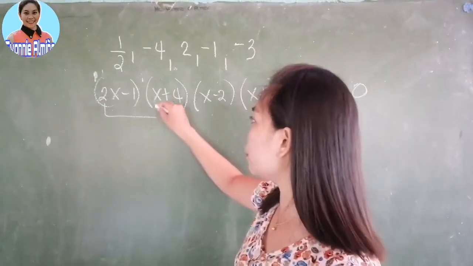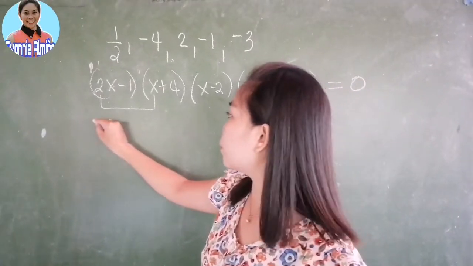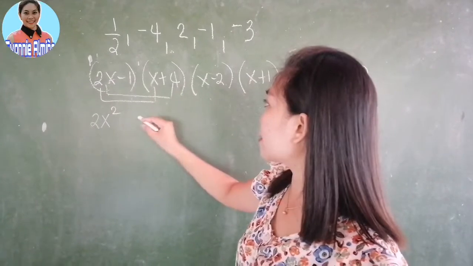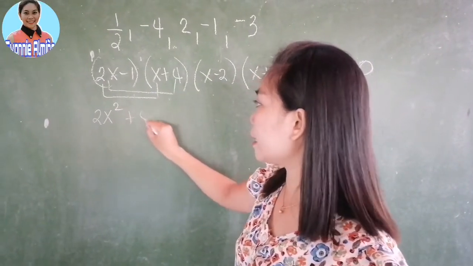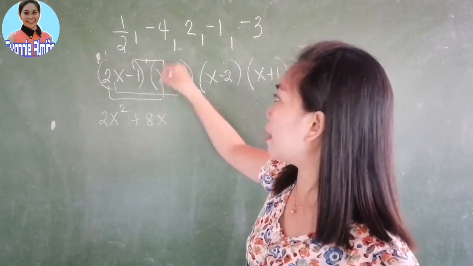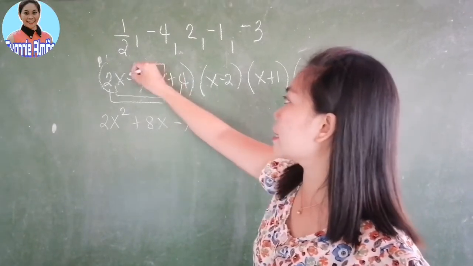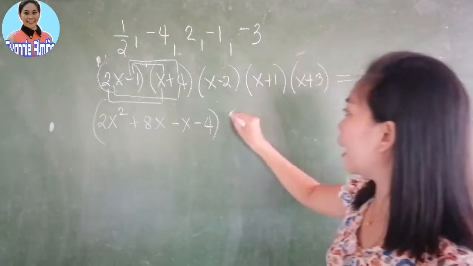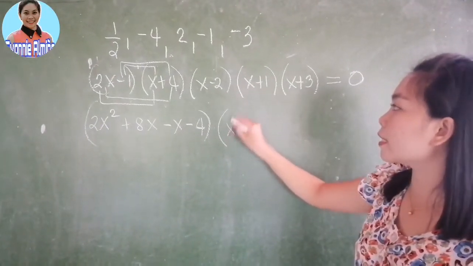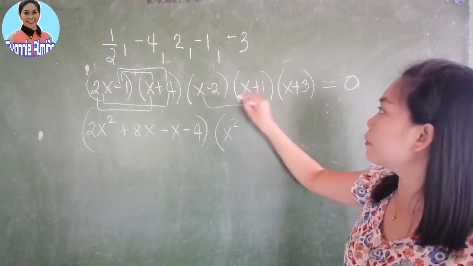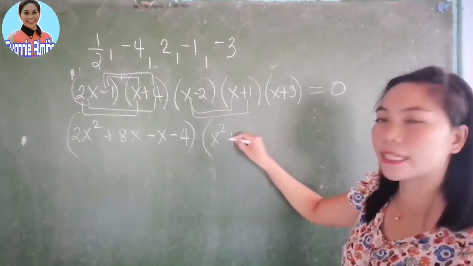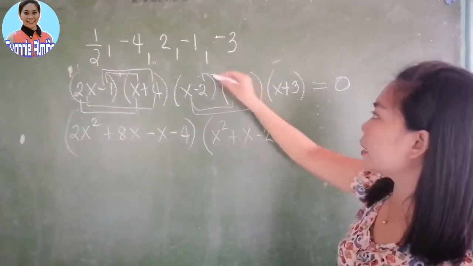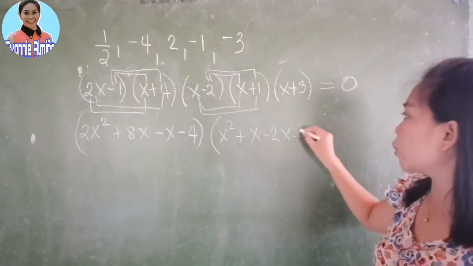So, you have first term to first term, you have 2x squared, then plus 8x, here, negative x, then negative 4. Followed by, here, you have x squared, so positive x, negative 2x, and negative 2.